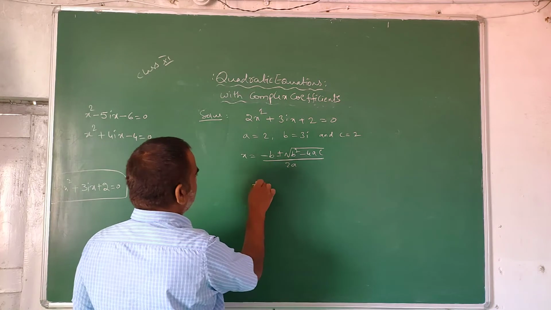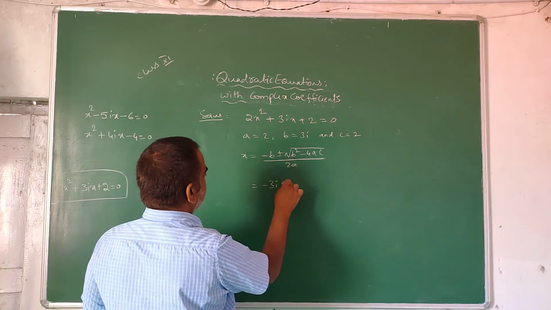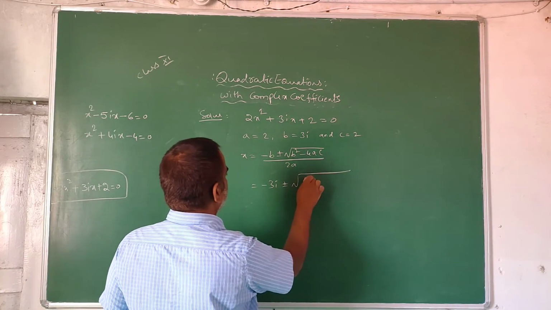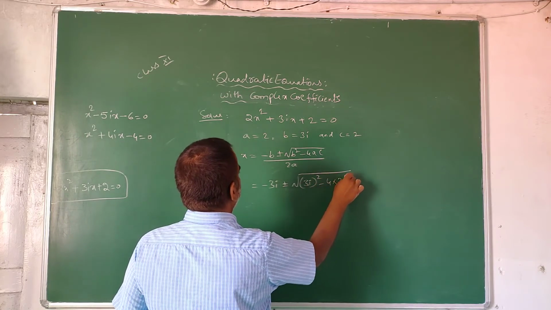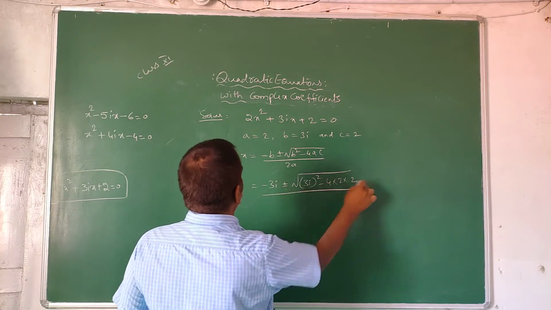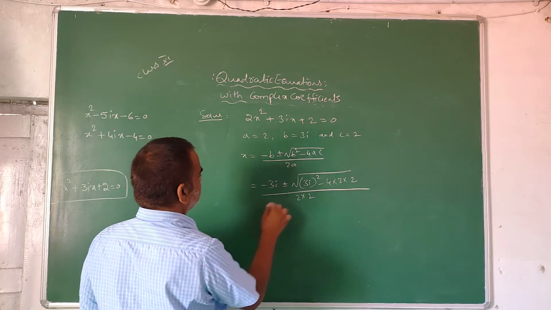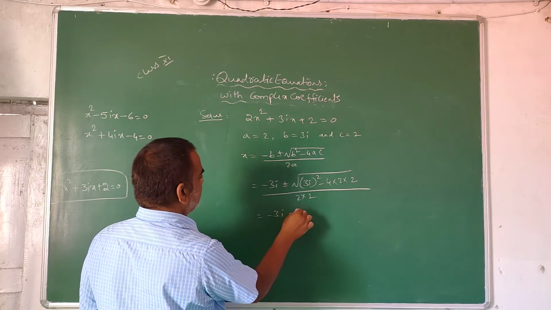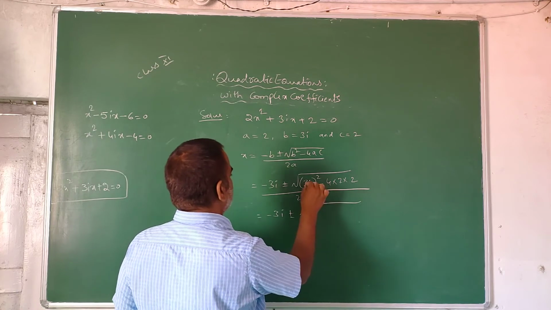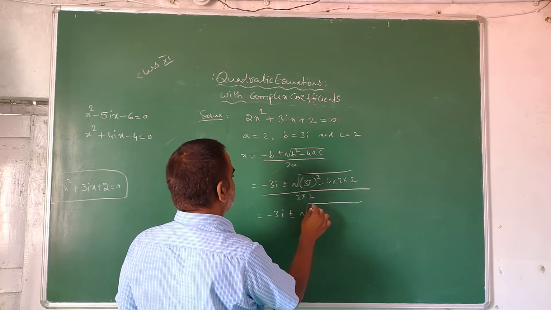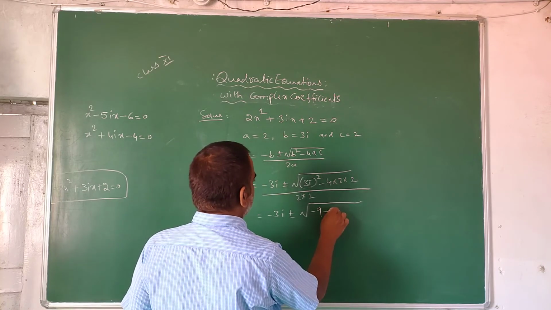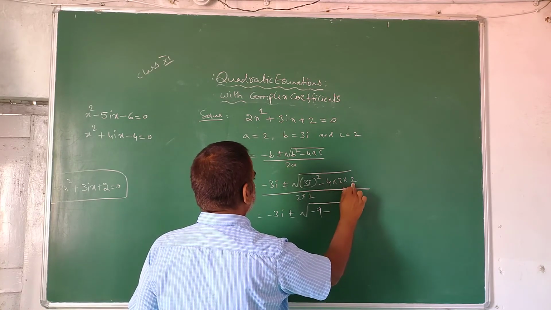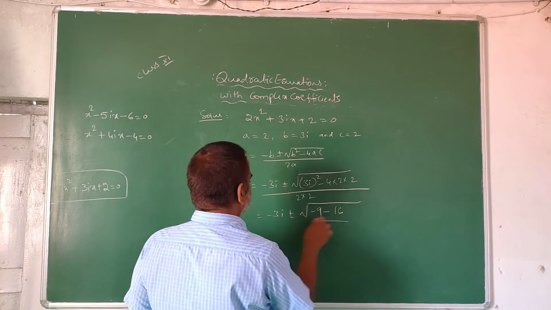So this is equal to minus 3i plus or minus root over 3i whole square minus 4 into 2 into 2, by 2 into 2, equal to minus 3i plus or minus root 9i square. I square is minus 1, so minus 9 minus 4 into 2 into 2, 8, 8 2s are 16, by 4.